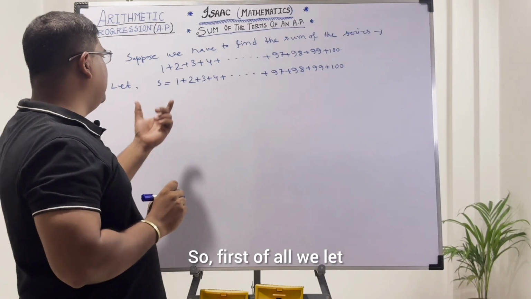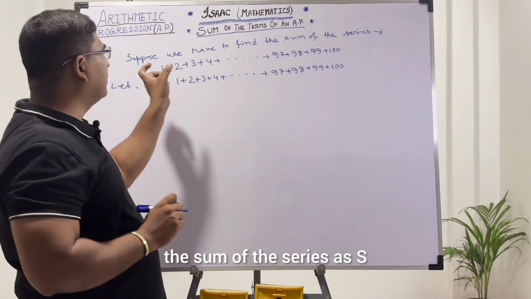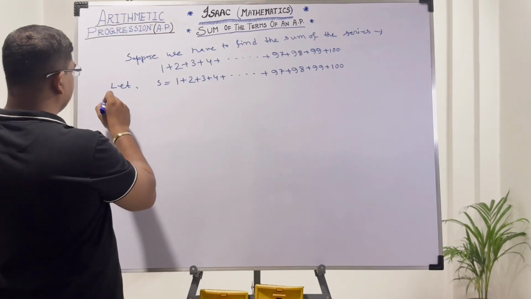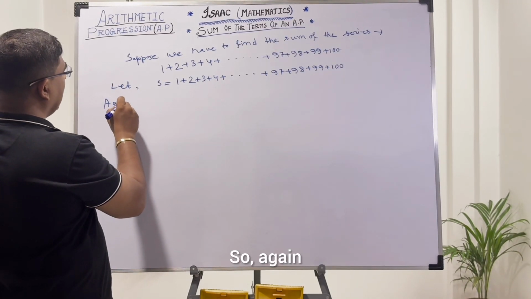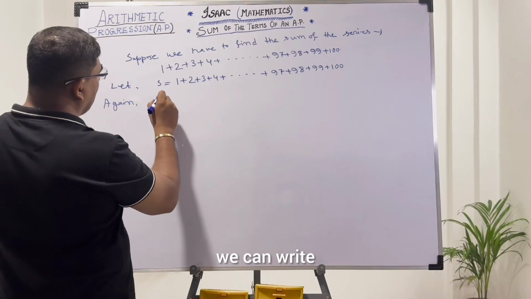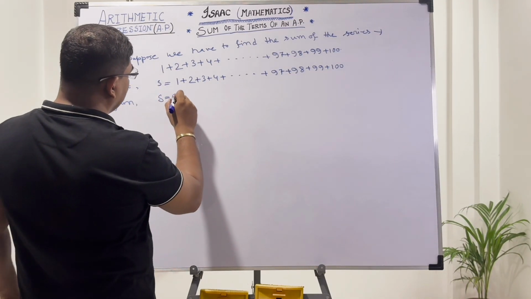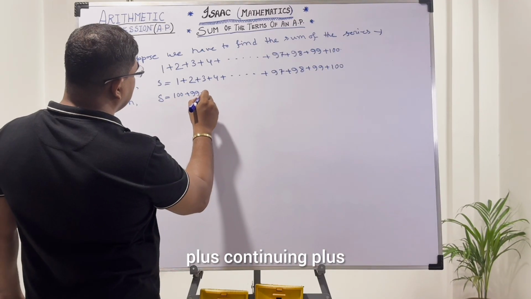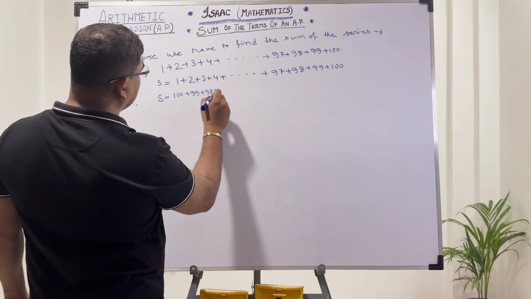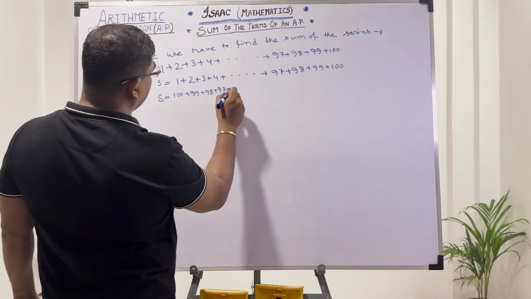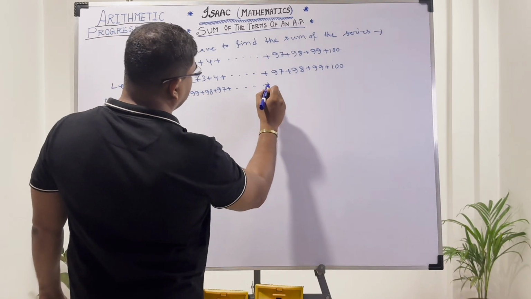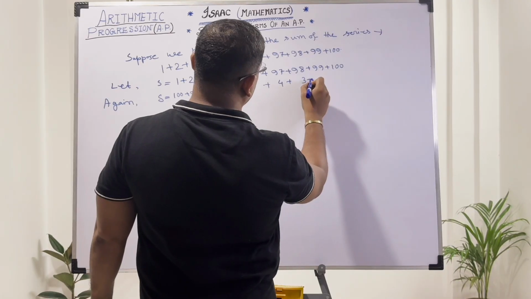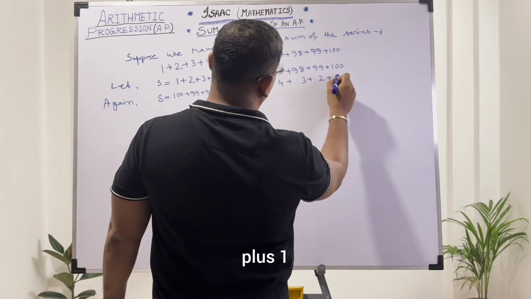So, first of all, we let the sum of this series as S. So, again we can write S in this way: 100 plus 99 plus 98 plus 97 plus continuing plus 4 plus 3 plus 2 plus 1.